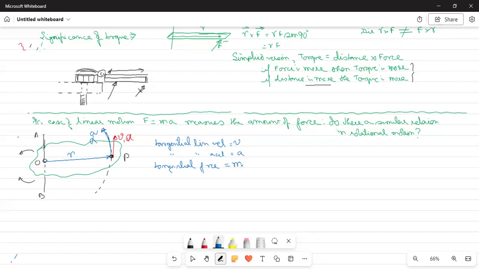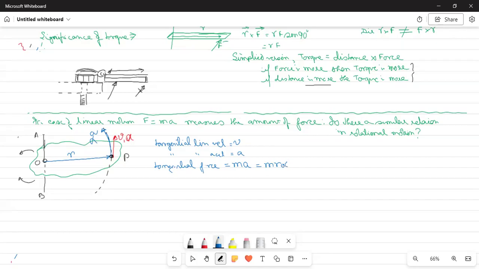This tangential force which is working on it is mass into acceleration. Now, this acceleration a is equal to r into alpha. This also we know.